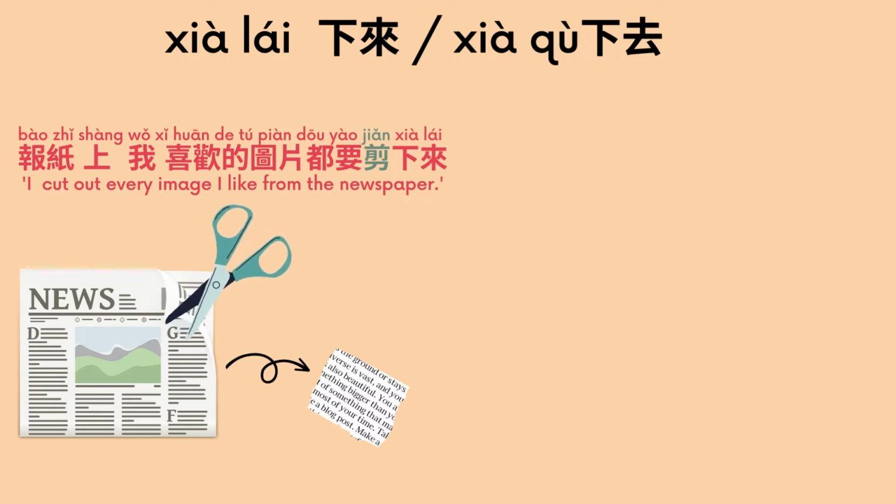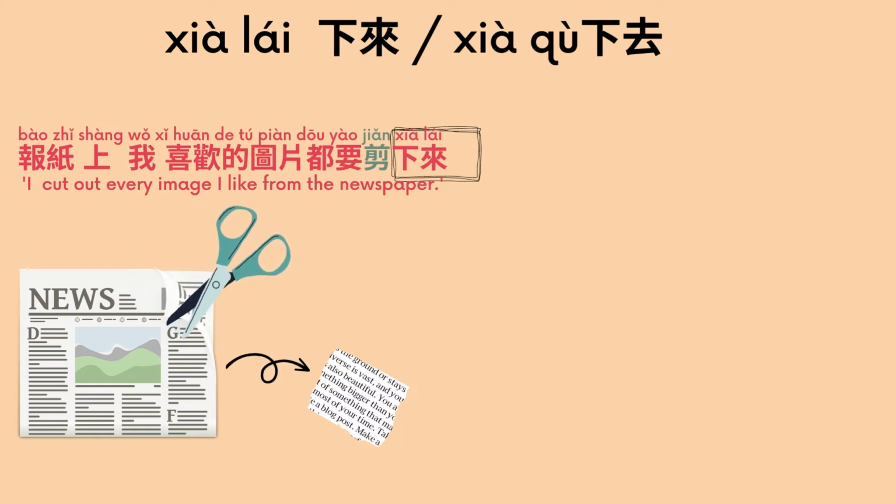There are several interpretations of 下来. Here, we only show one of the most common applications. Look at the example. 报纸上我喜欢的图片我都要剪下来. I cut out every image I like from the newspaper.